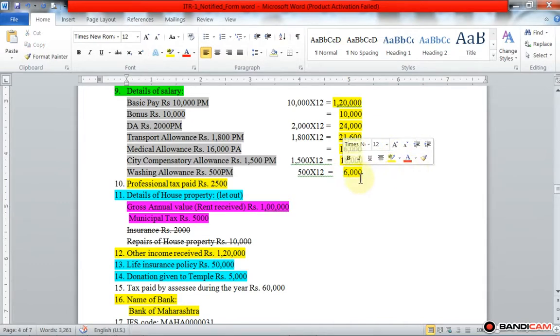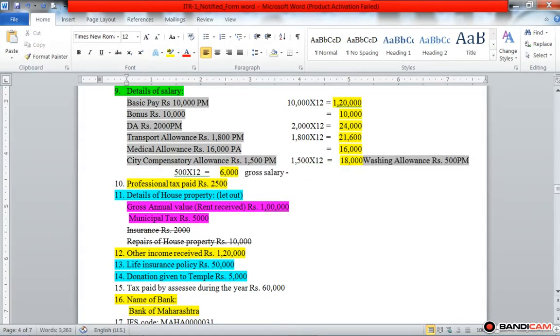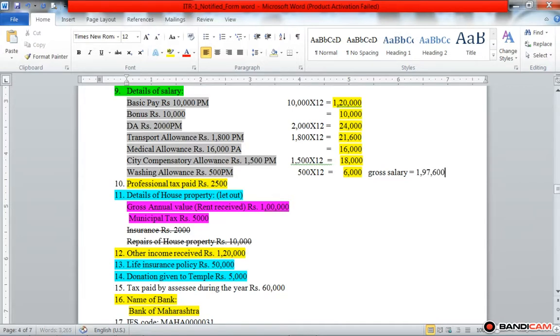So here gross salary is equal to 1,97,600. Got it? How to compute gross salary?